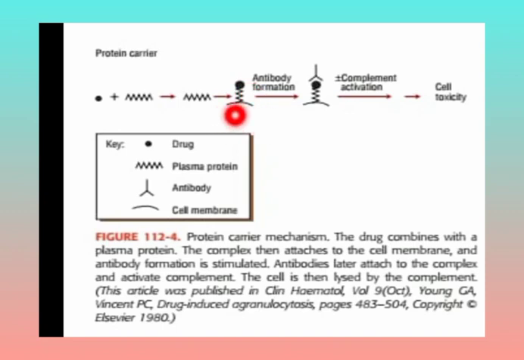The plasma protein and the drug are attached. As antibodies form, the antibody attacks and attaches to this particular complex, the drug, plasma protein and cell membrane complex. When the antibody attaches, complement is activated, and finally cell toxicity occurs. So this is the protein carrier type of mechanism.